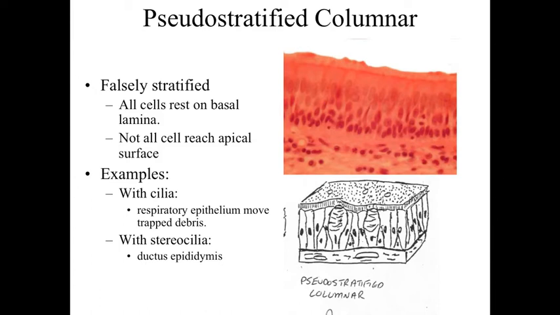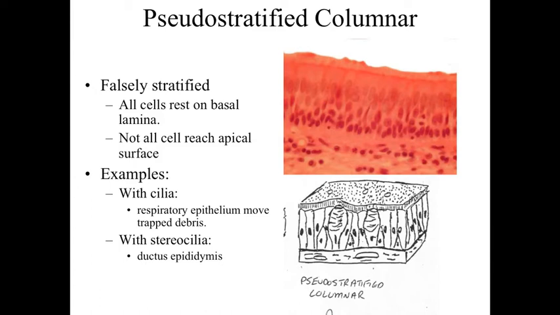A couple locations where we can find a pseudostratified columnar epithelia. If we find cilia along their surface, it's the classic epithelia that we find in the upper portions of the respiratory tract. It's referred to as a respiratory epithelium because the cilia beat to propel the mucus that carries the trapped debris, the material that's breathed in that could be potentially harmful to the respiratory system.